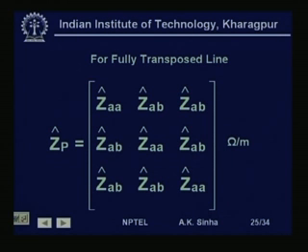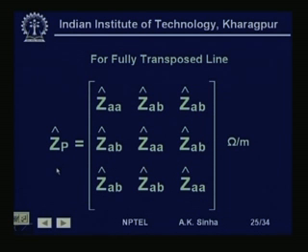So, self impedance ZAA will be same as ZBB, will be same as ZCC, that is all the 3 phases will have the same self impedances, and the mutual impedances will also be equal for all the 3 phases. So, ZAB and ZAC will be equal, which will be also equal to ZBC and ZCA.